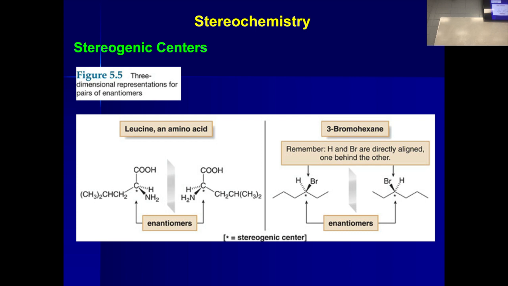What's different about it? What comes after the CH2, right? This is a CH2CH3, this is a CH2CH2CH3. They are, in fact, different groups that are attached to that stereogenic center. Okay? And so it and its mirror image are, in fact, non-superimposable.